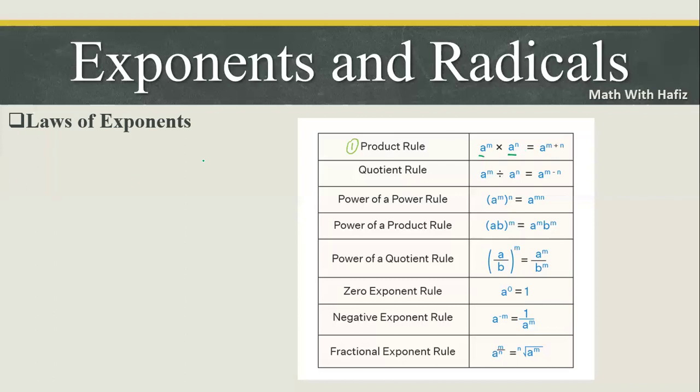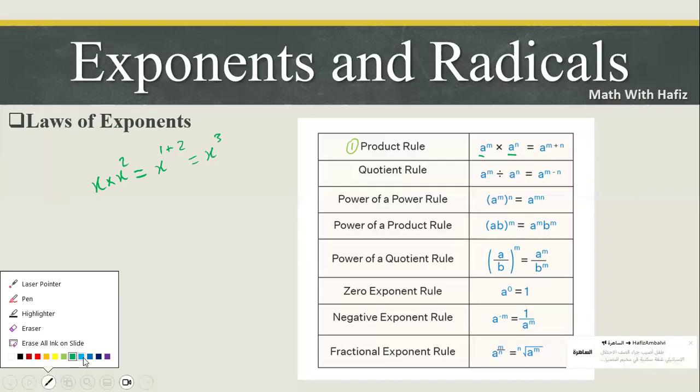For example, you have x multiplied by x square. You will add their powers, so it will be x to power of 1 plus 2, which means x to power of 3. So this is how you will solve these type of questions.